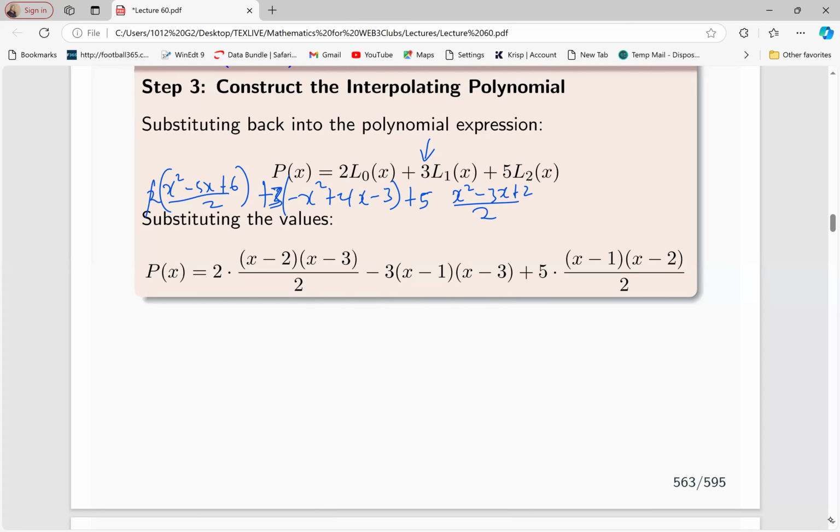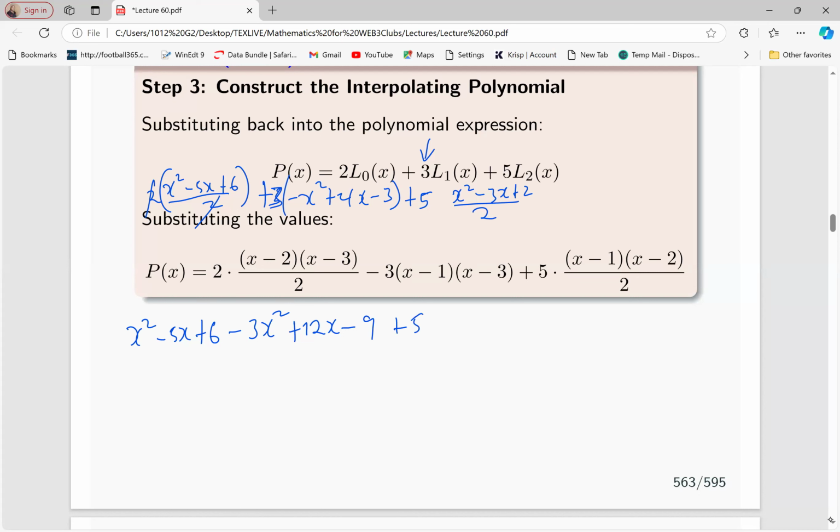Of course, you can see that this will cancel with that. So the first one, we have x squared minus 5x plus 6. Then this one, just multiply 3 inside, and you have minus 3x squared, then positive 12x, then negative 9. Then what about this other one?